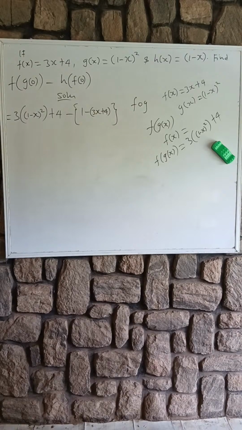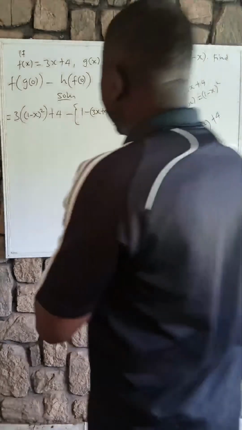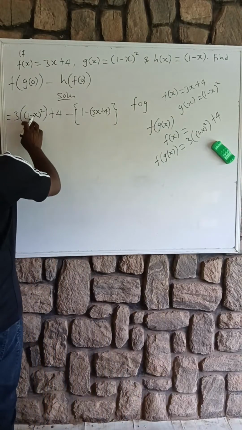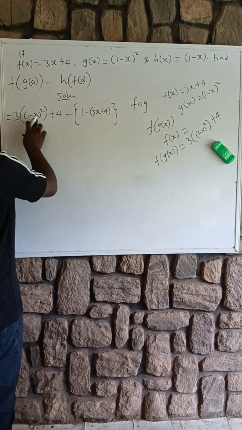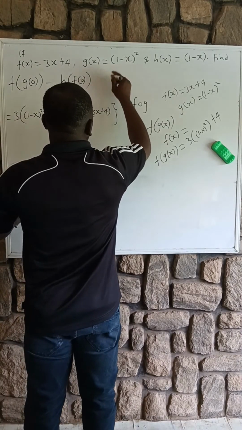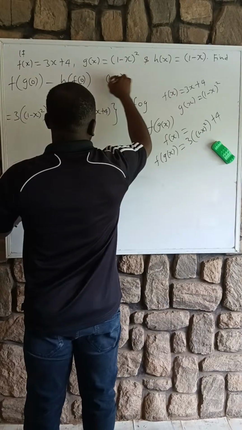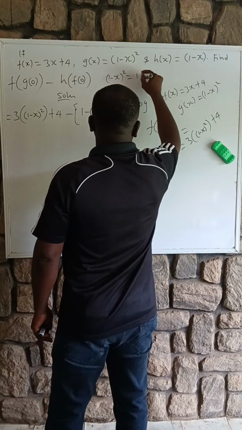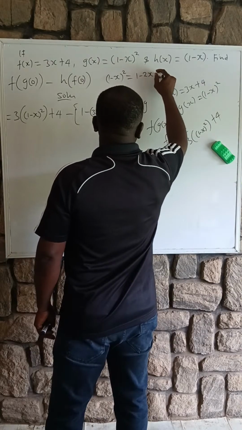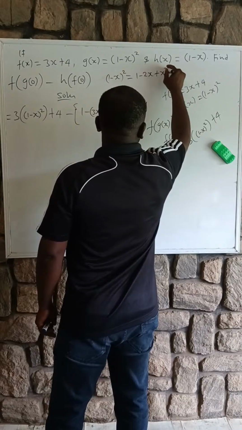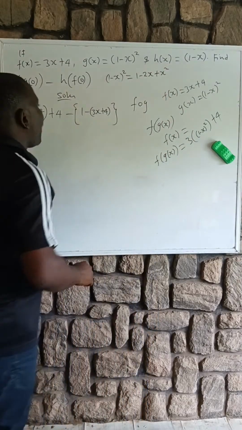Okay. So if you agree with me here, we need to expand this bracket. You know, when you have 1 minus x raised to the power of 2, this is the same thing as 1 minus 2x plus x squared. True or false?